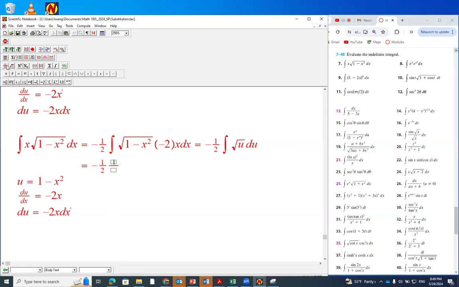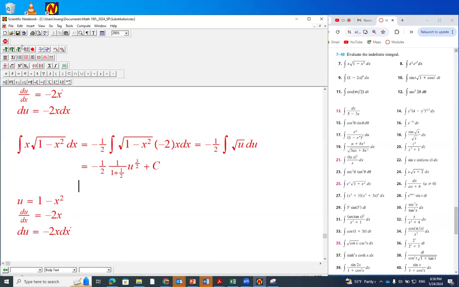That's going to be 1 over 1 plus a half, so u to the power of 3/2, and plus a big fat constant.